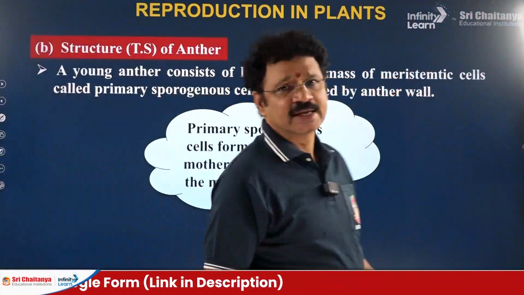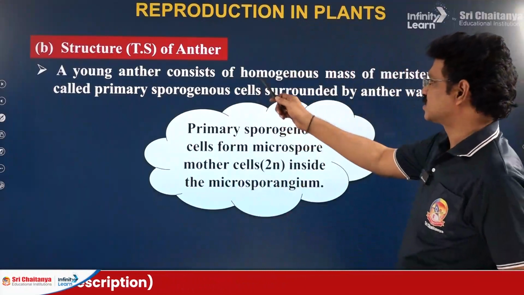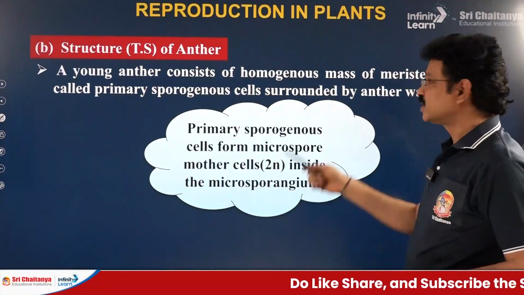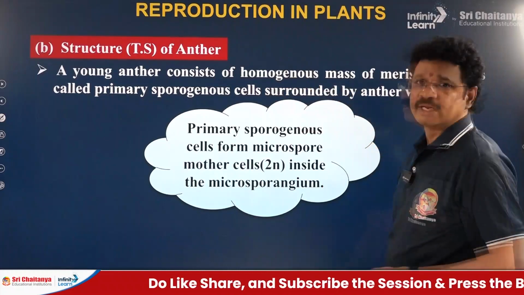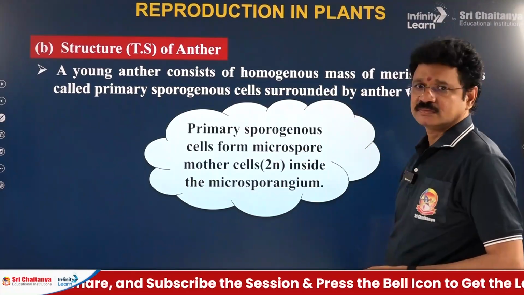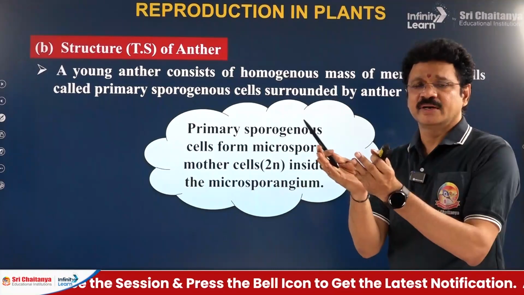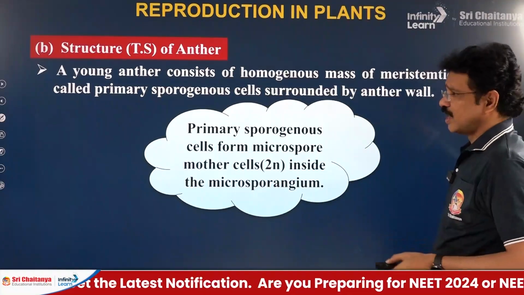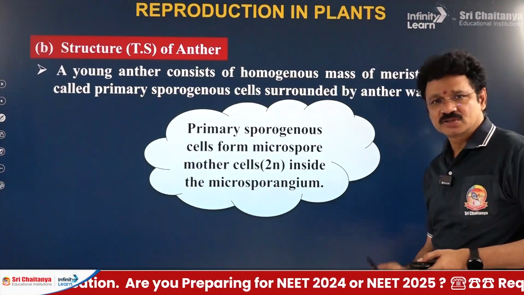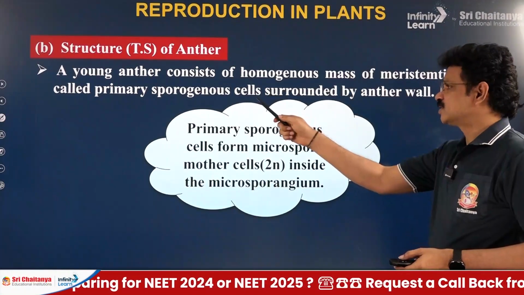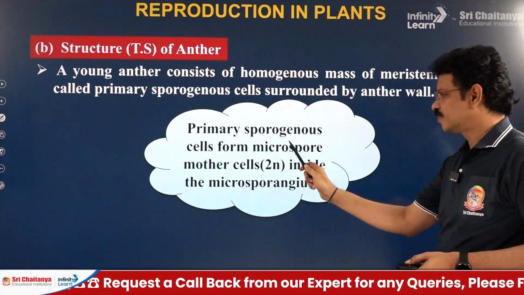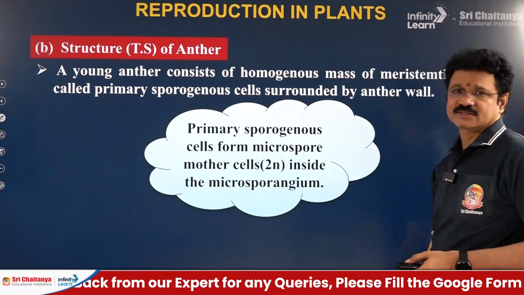When anther is in young stage or earlier stages, it consists of a homogeneous mass of meristematic tissue. It is a dividable tissue inside the anther. The name of the tissue is the sporogenous tissue. The sporogenous tissue is encircled by a multi-layered anther wall. At the time of maturity of anther, cells of the sporogenous tissue metamorphose to form microspore mother cells.